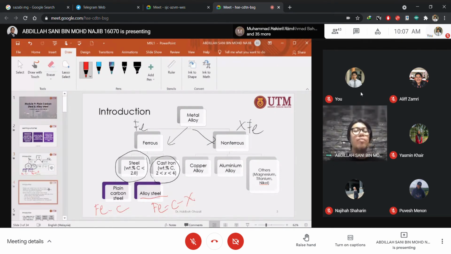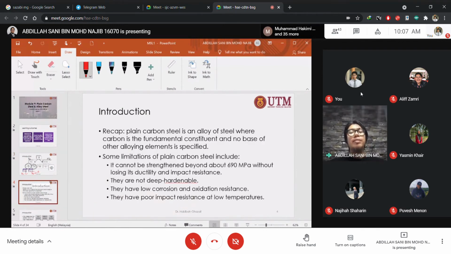Some limitations of plain carbon steel include that it cannot be strengthened beyond 690 megapascal. It has this limitation because we restrict the alloying element to carbon, and we have a restriction on the percentage as well. We cannot exceed 2%, otherwise it will not be called steel anymore.